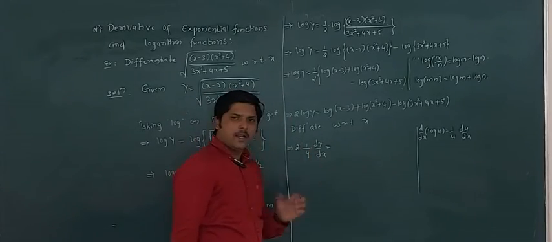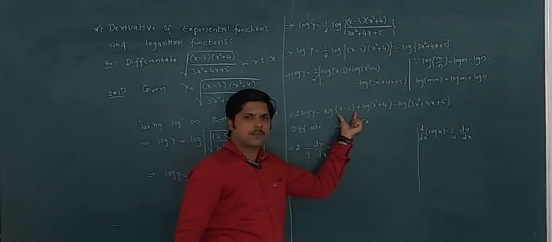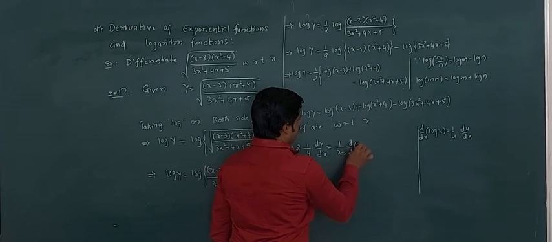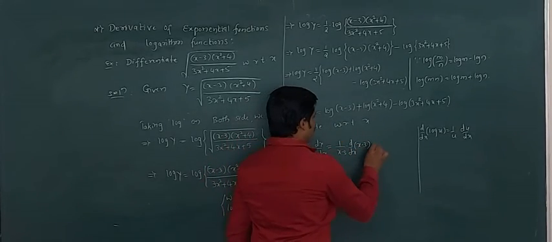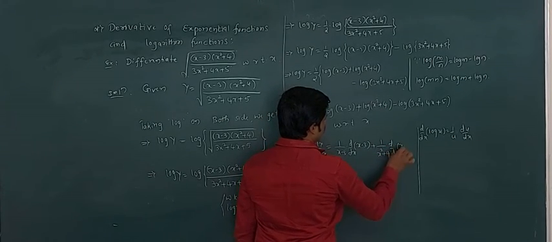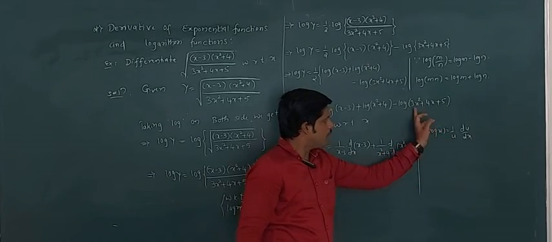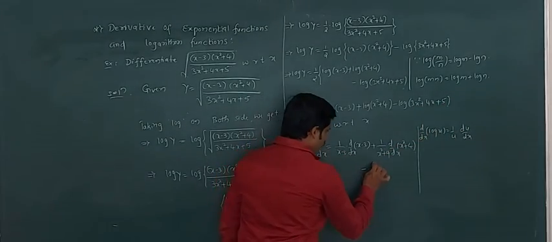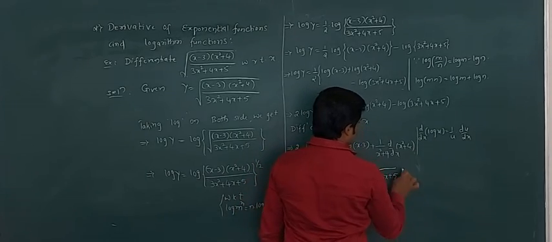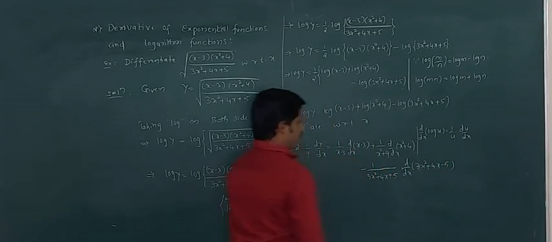Similarly here also, log of (x minus 3), comparing these two, in place of u we have x minus 3, that is 1 by (x minus 3) into differentiation of (x minus 3), plus 1 by (x square plus 4) into d by dx of (x square plus 4), minus again by using the same formula, in place of u we have 3x square plus 4x plus 5, so that is 1 by (3x square plus 4x plus 5) into d by dx of (3x square plus 4x plus 5).